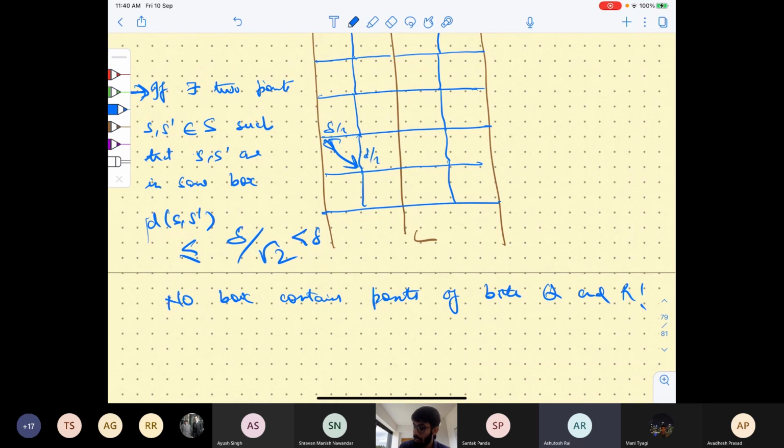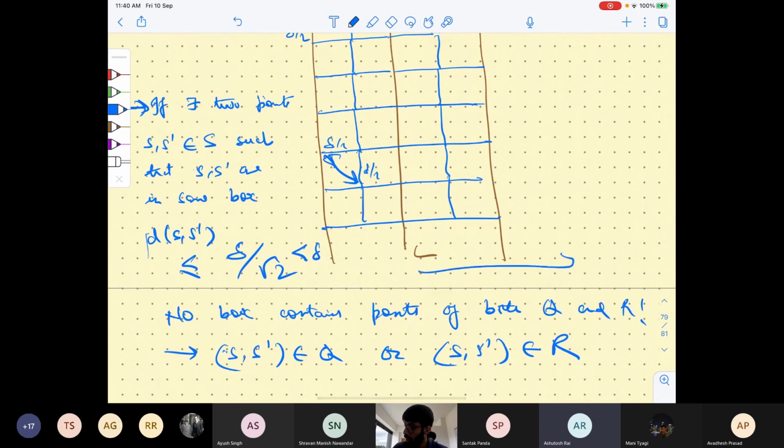That both S and S prime have to be coming from the same side, because Q is on this side and R is on this side.